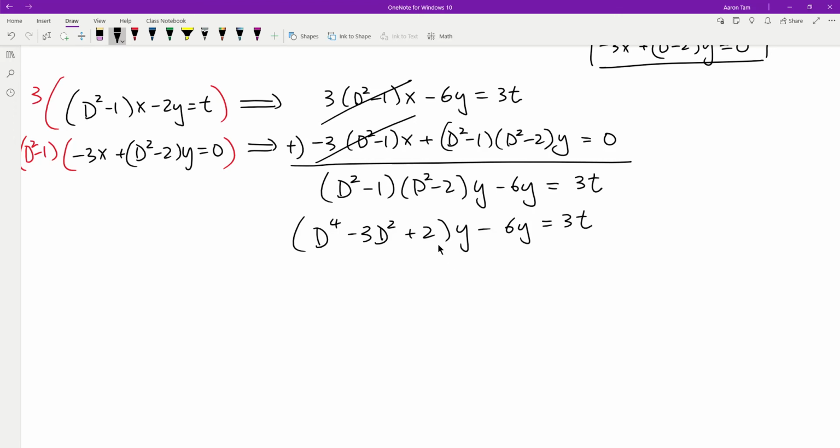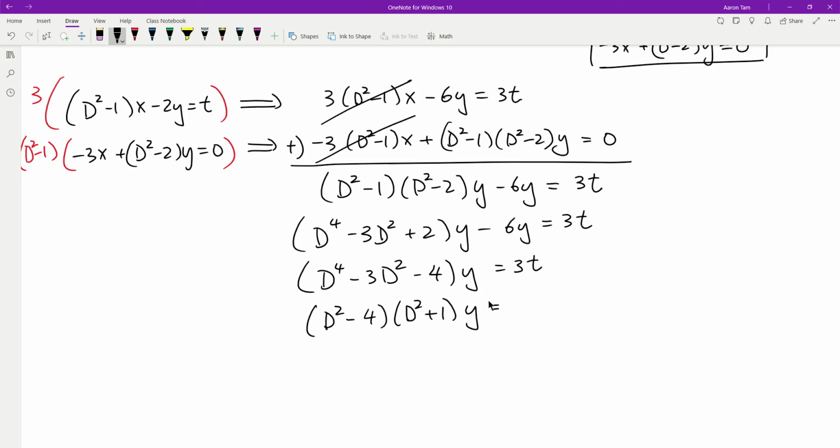Moving the 6 in, it becomes (d to the 4th minus 3d squared minus 4) of y equal to 3t. This can be factored into (d squared minus 4)(d squared plus 1) of y equal to 3t. And d squared minus 4 can be further factored into (d minus 2)(d plus 2), so (d minus 2)(d plus 2)(d squared plus 1) of y equal to 3t.